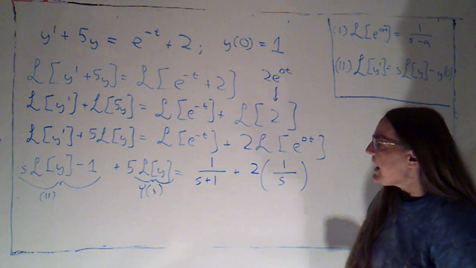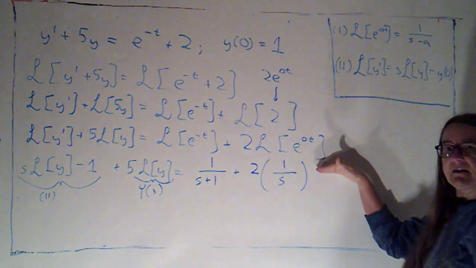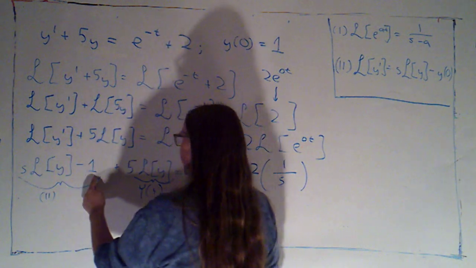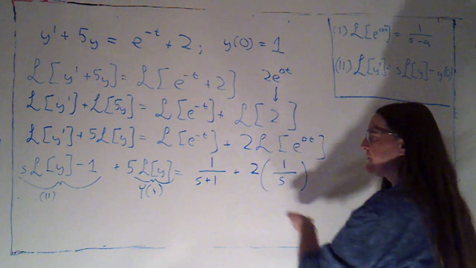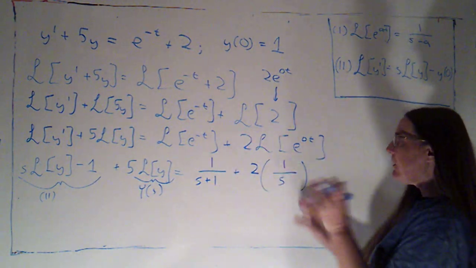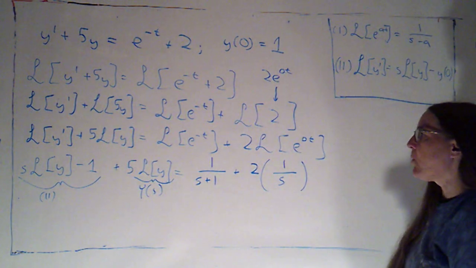Okay. And I don't have any derivatives or any integrals in this equation. I've just got that unknown function times s minus 1, plus that unknown function times 5 equals this other function of s. That's just algebra. So I'm going to now solve this algebra equation for the Laplace transform of y.